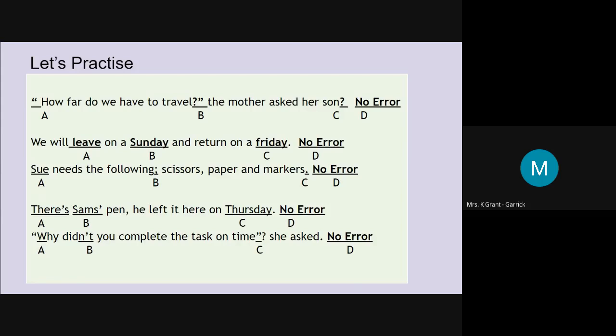Why didn't you complete the task on time? She asked. Which of those punctuation symbols seem to be incorrectly inserted? C. Correct. Remember, the final quotation mark should go on the outside of the end mark.